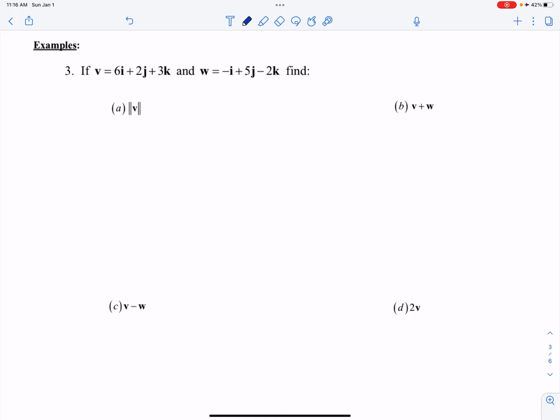V is 6i plus 2j plus 3k, so our magnitude of v is 6 squared plus 2 squared plus 3 squared. Take the square root of it. 36 plus 4 plus 9, which gives us root 49, which is 7.